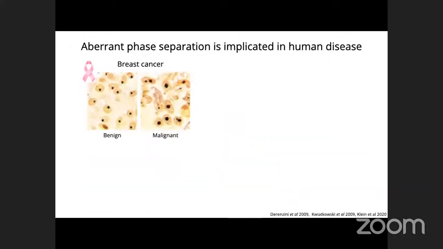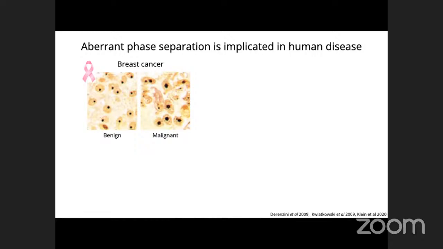There's your context. And then why would we care? The application is that this process, phase separation, in many different contexts, has been implicated in disease. In breast cancer, the size of the nucleolus, see, it matters, can predict the prognosis of patients.